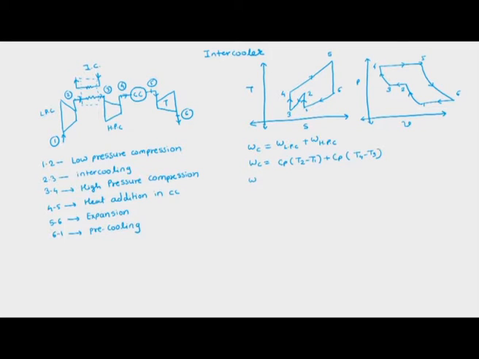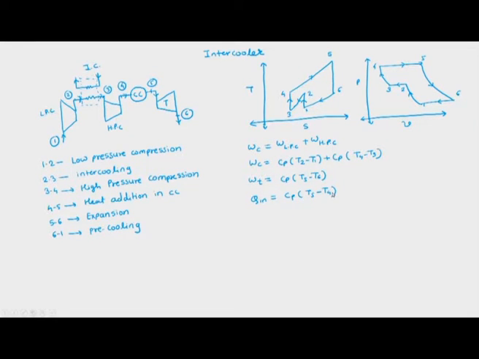Then we have Wt is equal to Cp into T5 minus T6, and then we have Qin, which is Cp into T5 minus T4.